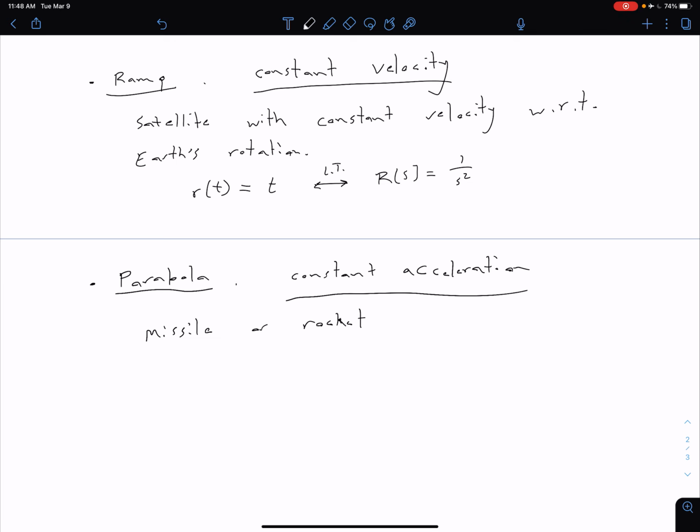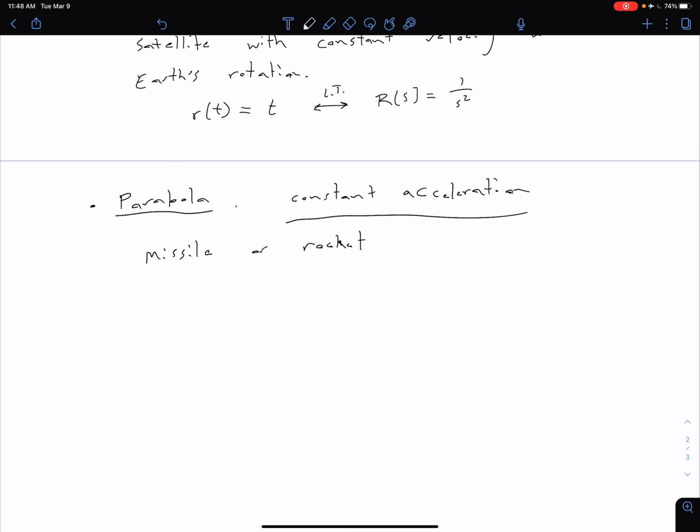Again, there are, of course, certain types of missiles which aren't constantly accelerating throughout their entire flight path, but we're modeling just that initial acceleration from not moving to moving. In this case, our basic unit parabolic input is going to be 1/2 times t squared. If we take the Laplace transform of that, we see that's going to give us R of s, which is equal to 1 over s cubed.